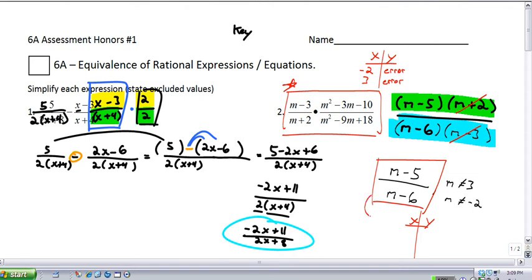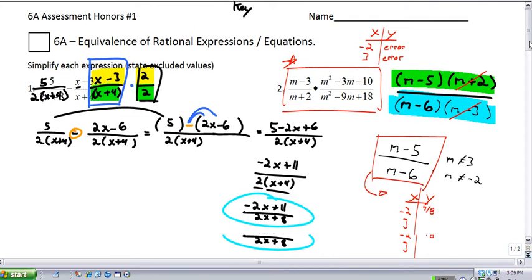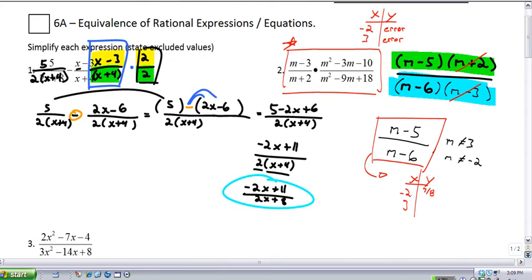If you just do this guy, if you graph this guy, put it in your y equals and look at the table, when you do -2 and 3, it would tell you a number. Let's see, -2 minus 5, -7 over -8. So it would tell you 7/8, and it would tell you some number when you plug 3 in. 3 would be -2 over -3, so 2/3.